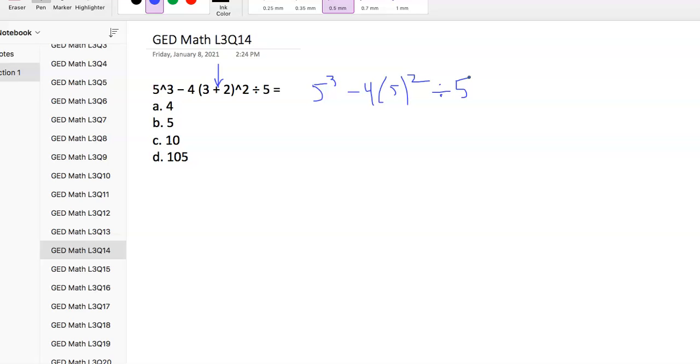Okay, so next we have exponents, and we've got 2 of them, right? So we've got 5 to the third right here. Right, 5 times 5 is 25. 25 times 5 is 125 minus 4 times 5 squared is 25.